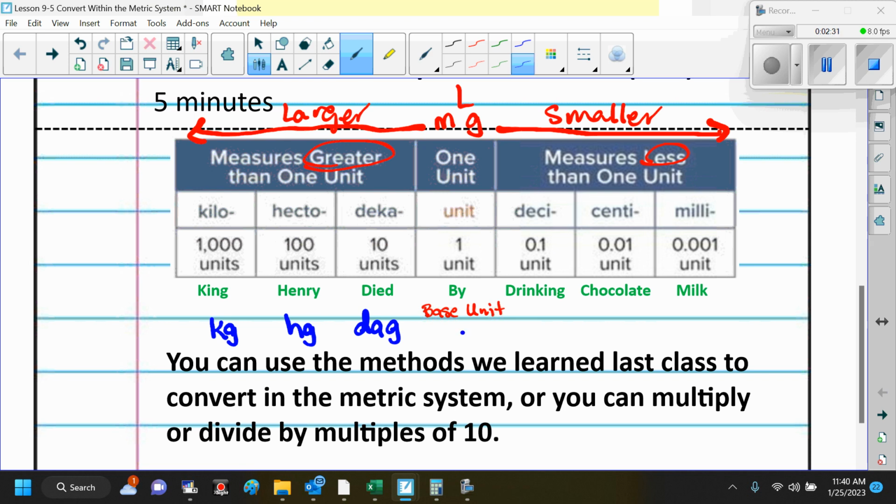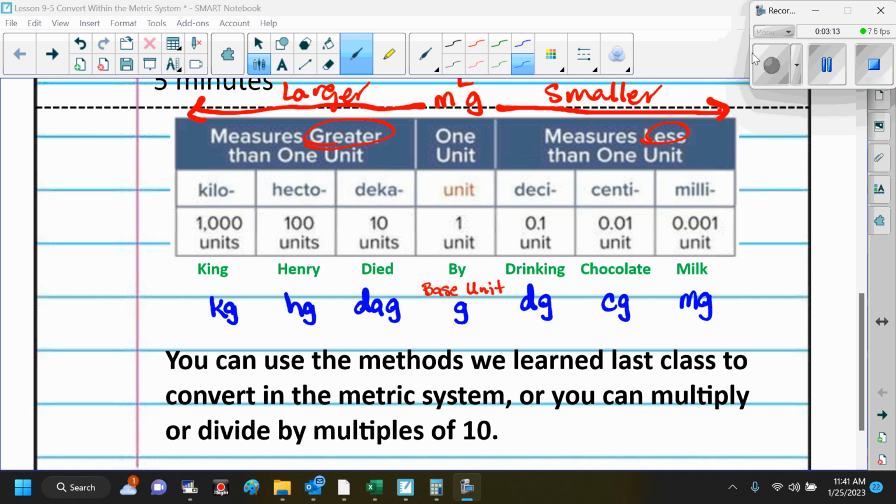Then you have your grams here. That's the base unit. And then decigram would be DG, and centigram would be CG. And then milligram would be MG. Is everybody clear? If we were talking about liters, then that G would just change to a capital L. If I had meters, then that G would just change to M.